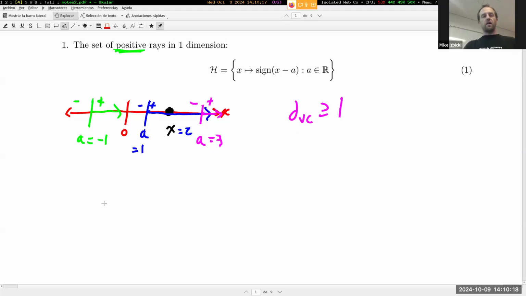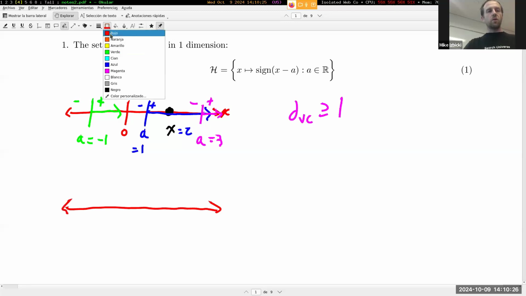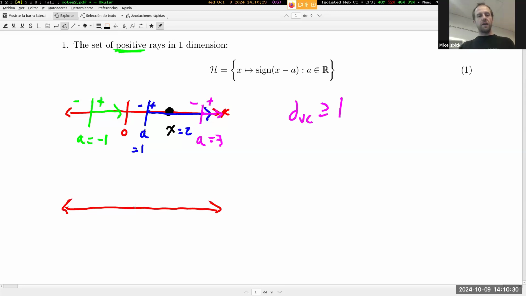And we can say also that the VC dimension is less than 2 by providing a data set of size 2, or arguing rather that all data sets of size 2 cannot be shattered. And doing that formally and technically is not super insightful. So being able to argue the intuition behind why that's the case is what you need to be able to do for these problems.